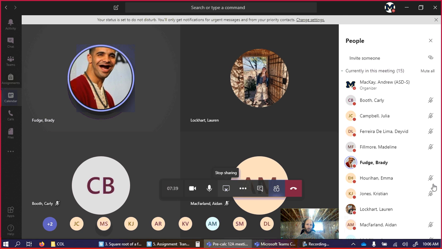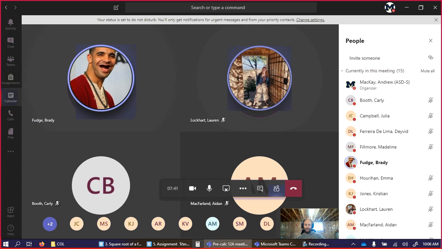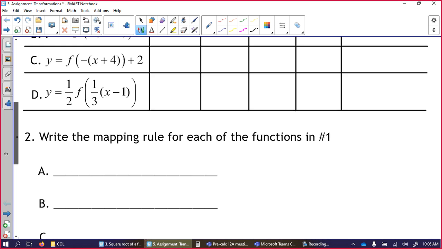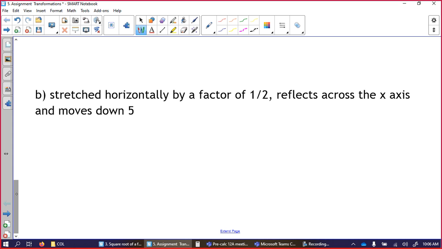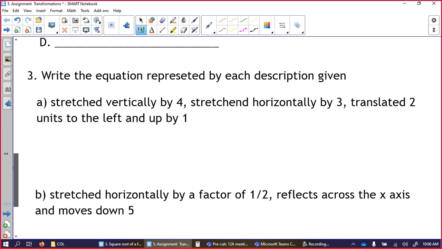You can go. 3b. Stretched horizontally by a factor of a half. So your b value would be reflected across the x, which, so this one says write an equation.